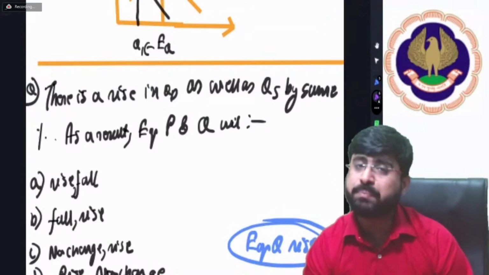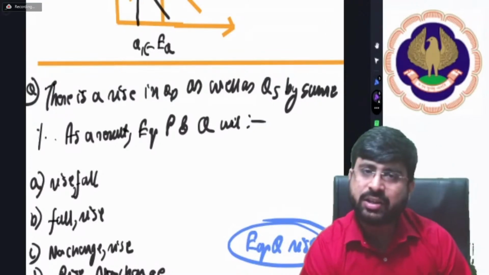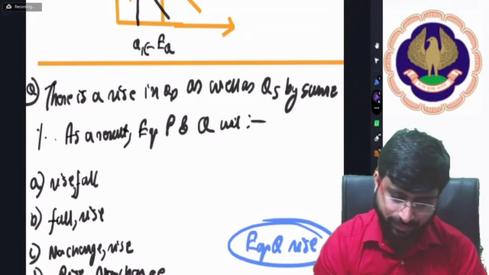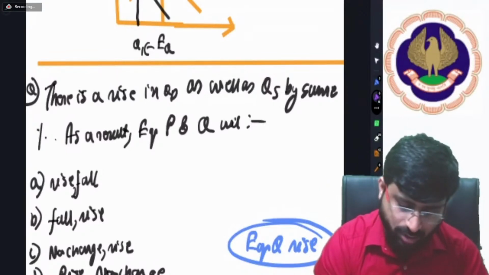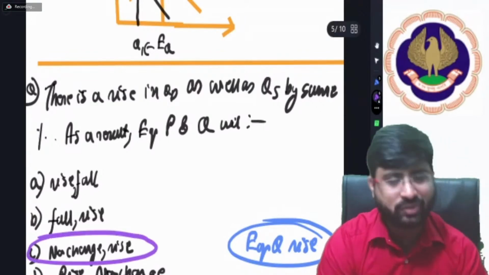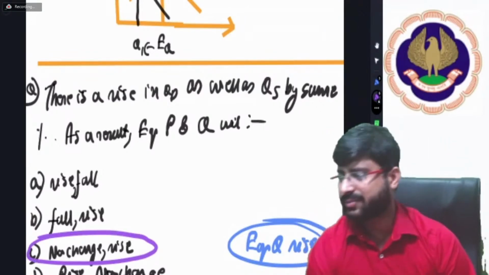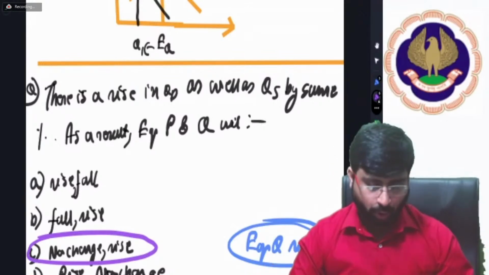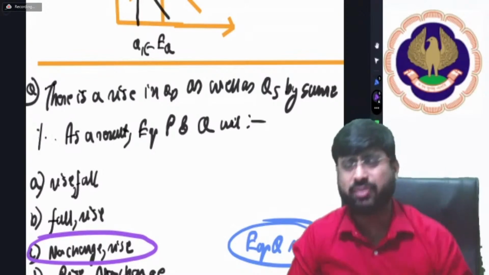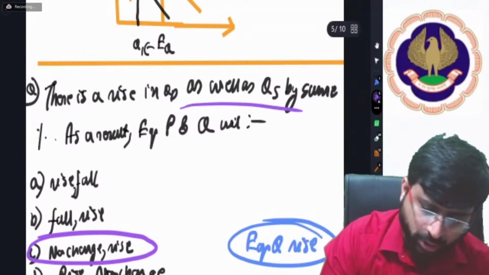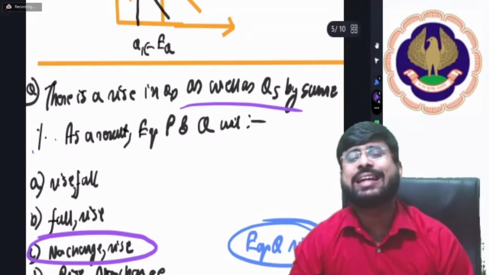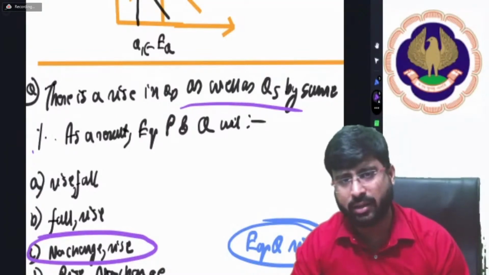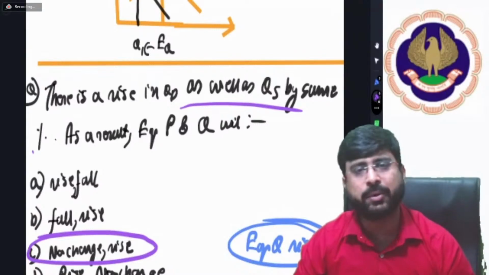Since they are changing by the same percentage, my dear friends, your answer would be no change, comma, rise. C will be the correct answer. Why? Because price will not change. If both are changing by the same percentage, there is neither a situation of excess demand nor of excess supply. So how can you expect anything to happen in that way?